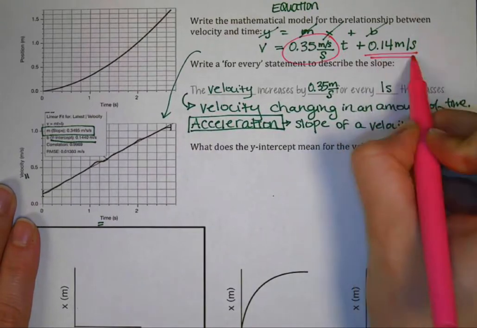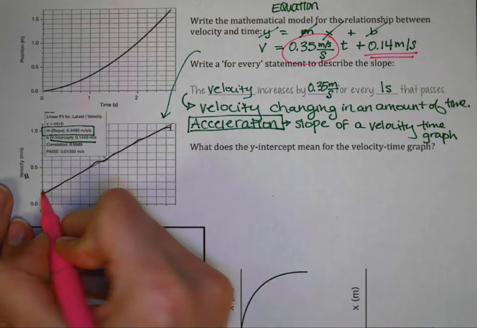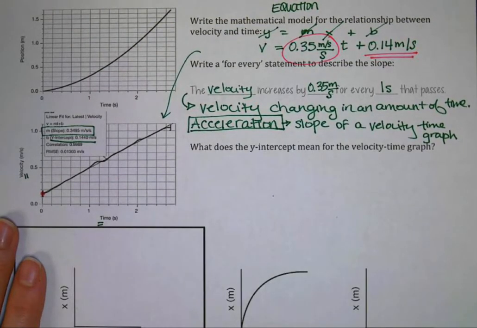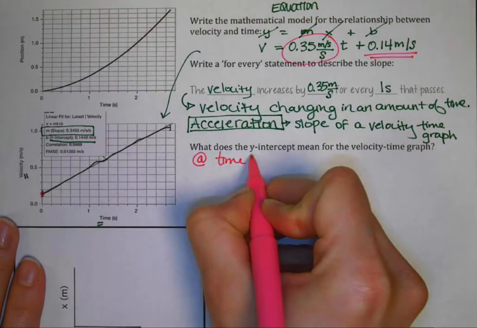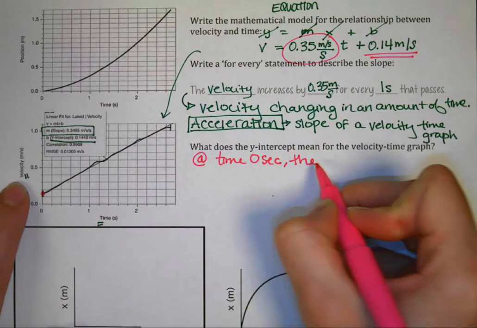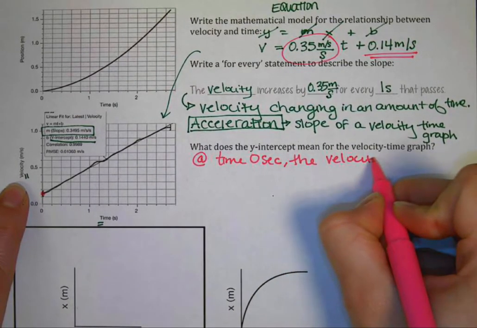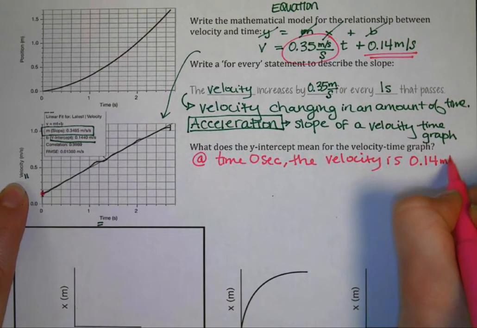But what about the 0.14 meters per second? We found that is the intercept, and the next question says, what does the intercept mean for that velocity time graph? I like to think of these as intercept statements, but at a time of 0, over 0 seconds, and then the y-axis or the y variable, the velocity is, and in our case, 0.14 meters per second.